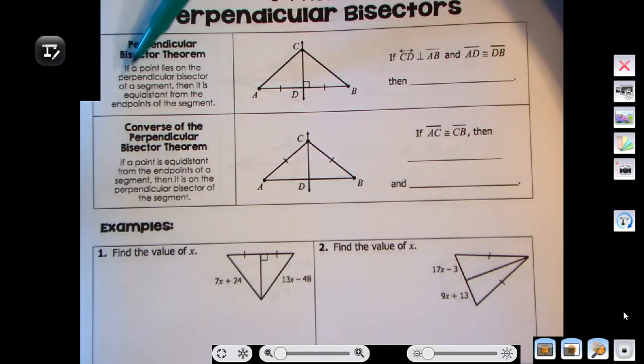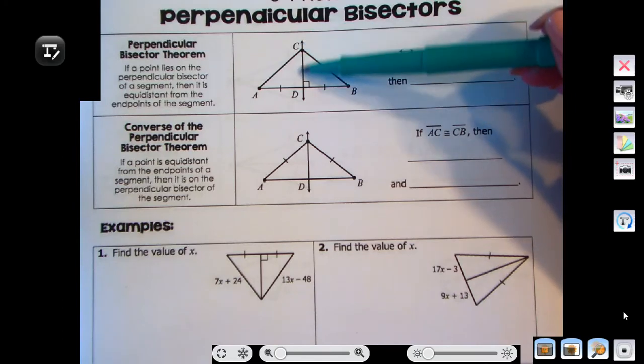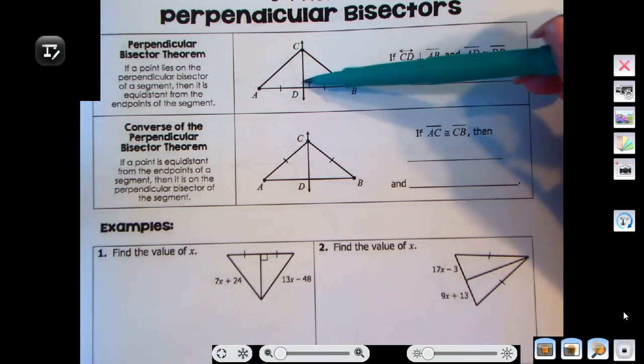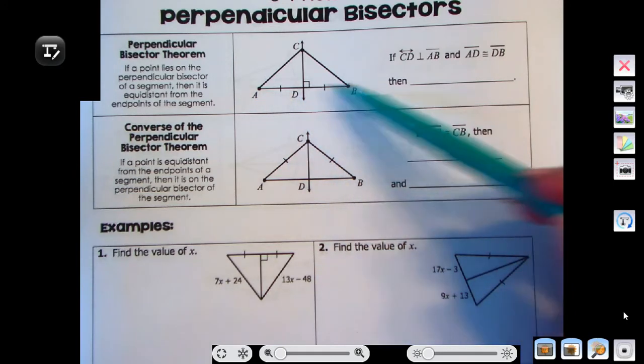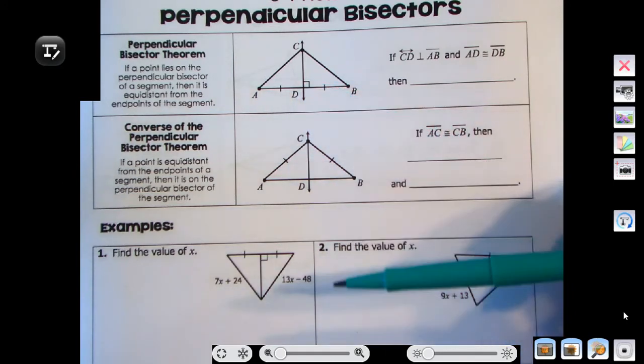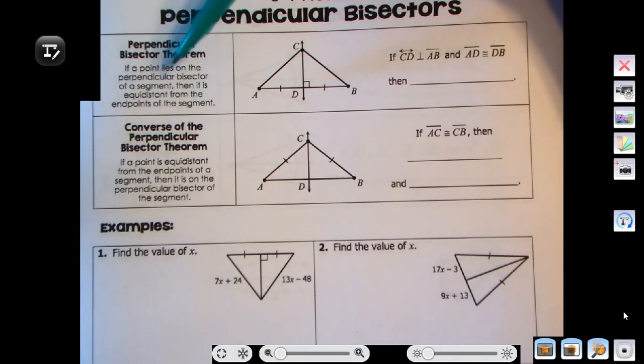So it says, if a point lies on the perpendicular bisector of a segment, so let's talk about what that means. Perpendicular, meaning it just cuts through and forms a right angle. And then bisector, meaning it cuts it in half. So we got a half here and a half here, and it forms a right angle. So if that's the case, then it is equidistant from the end points of the segment.